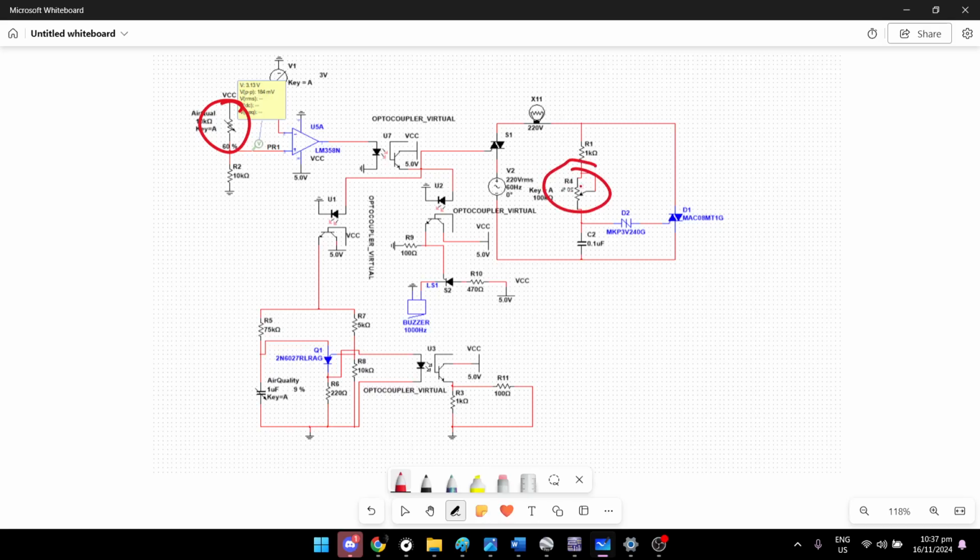We can convert this potentiometer into a sensor as well, which is what I was referring to. When it detects a higher amount of dangerous air, it will change its resistance, so it's basically a resistive sensor, and it changes the phase control completely by itself.